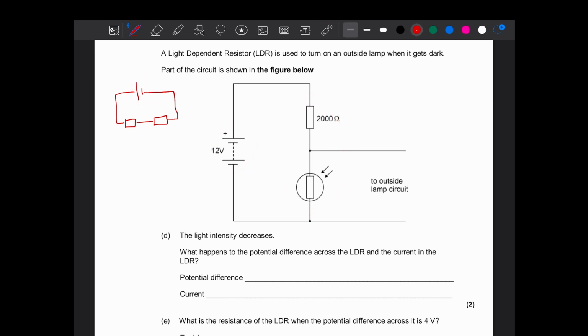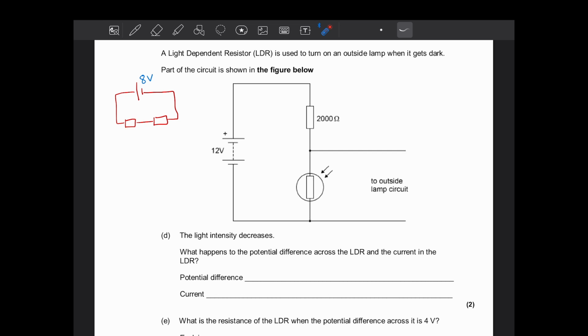Now, let's imagine that cell that I've just drawn has a potential difference of 8 volts. That 8 volts needs to be shared between the two resistors. Its potential difference is going to be divided between them, which gives us the name potential divider for this circuit here. The way in which it's divided depends on the resistances of each individual resistor.